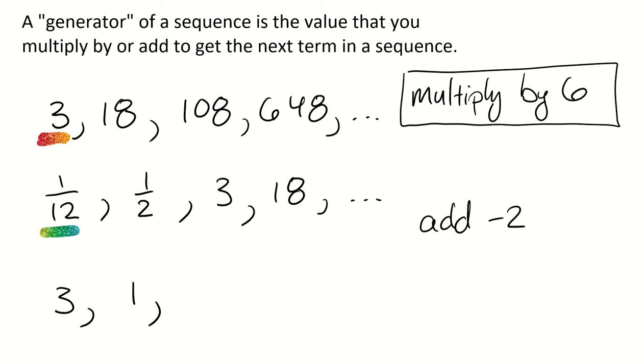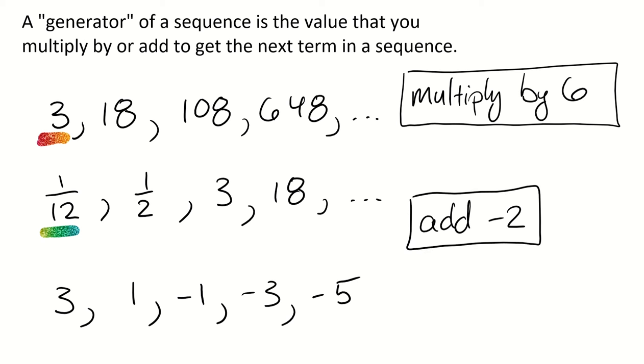To get the next term, I take the 1 and add -2. 1 plus -2 gives me -1. If I add -2 again, I get -3. And when I add -2 again, I get -5. So this generator is add the number -2, and we can see the sequence that we get with that. Again, a sequence depends not only on what the generator is, but also where it starts. So we need to know what the beginning is, and what the generator is.